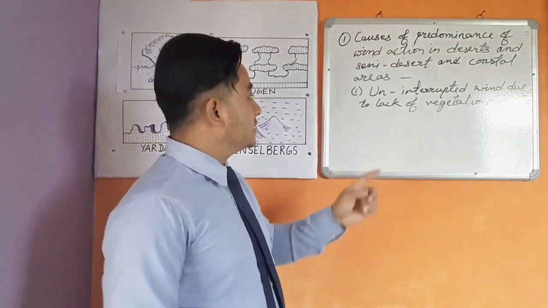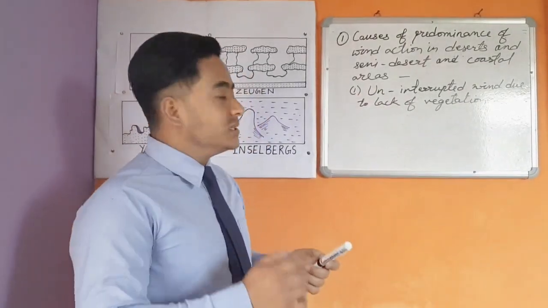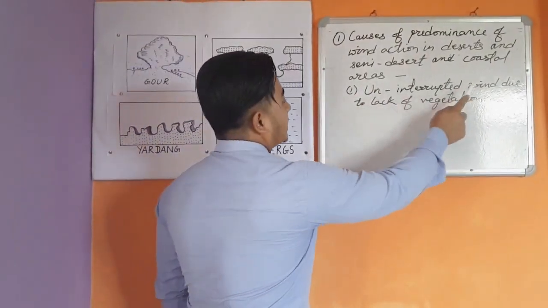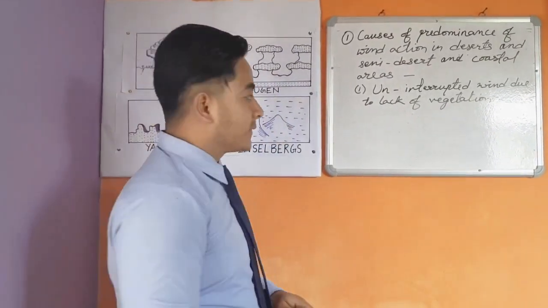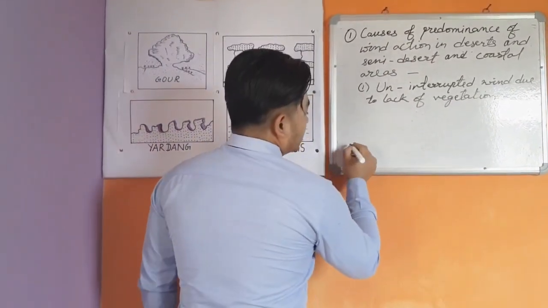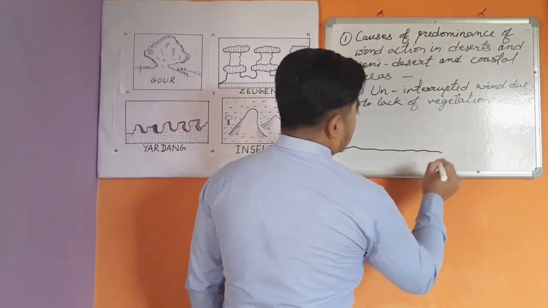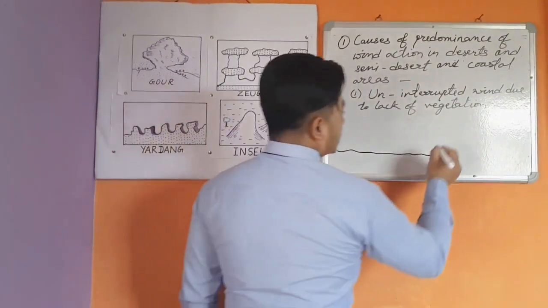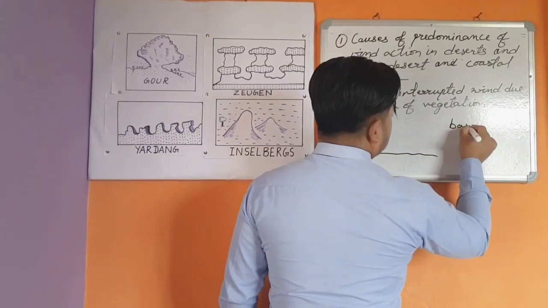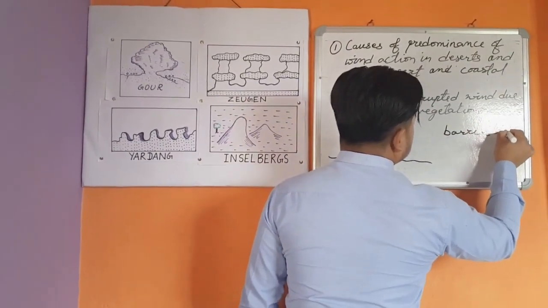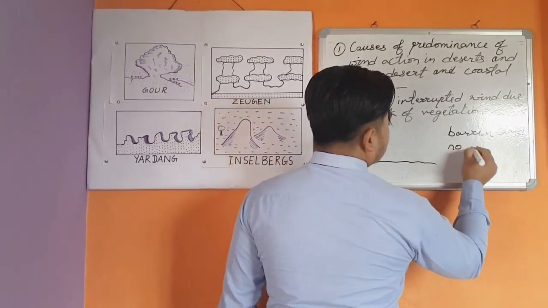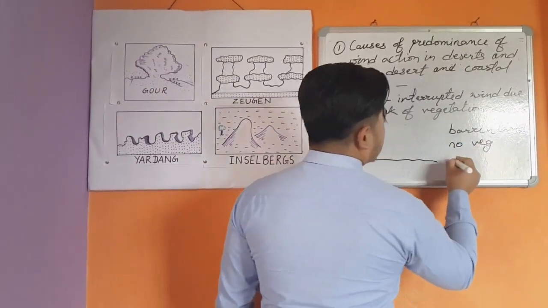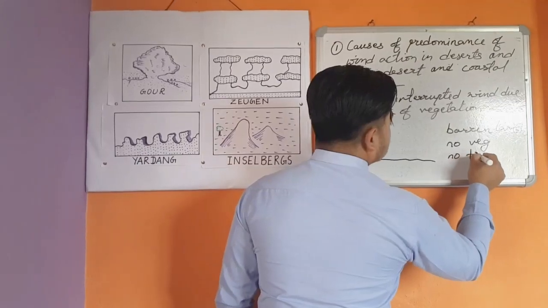Out of those 4 causes, the first cause that we will discuss is uninterrupted wind due to lack of vegetation. For example, if this is a desert area, you all know desert areas are barren land. Barren land means they do not have any vegetation or any trees.